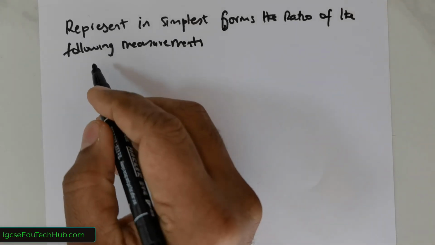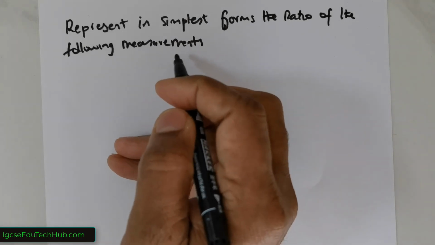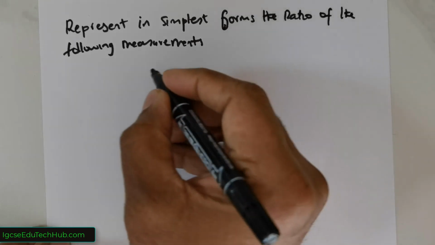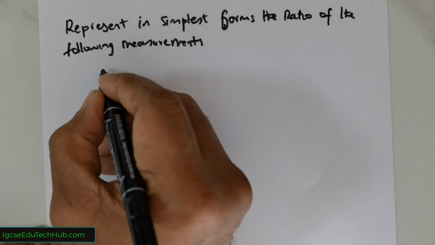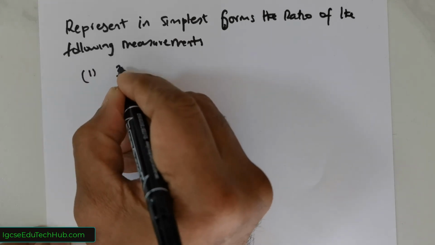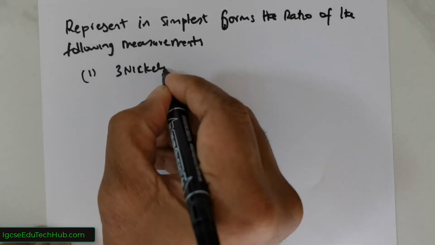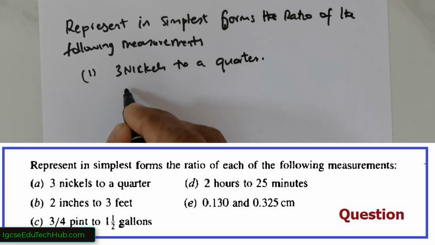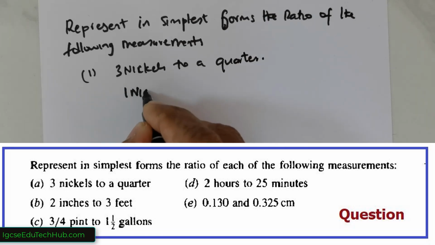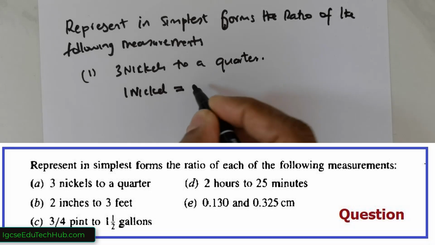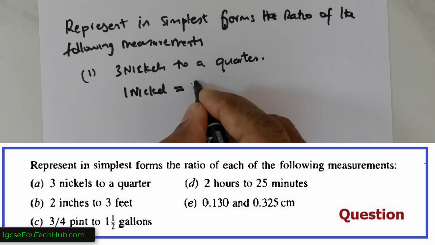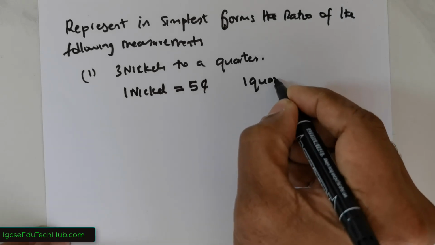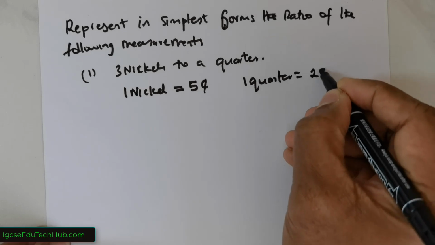Okay, in this particular section we are expected to represent the given quantity in the simplest form, and the expectation is that the representation should be in ratio form. The first question is 3 nickels to a quarter. Now 1 nickel is equal to 5 cents, and 1 quarter equals 25 cents.